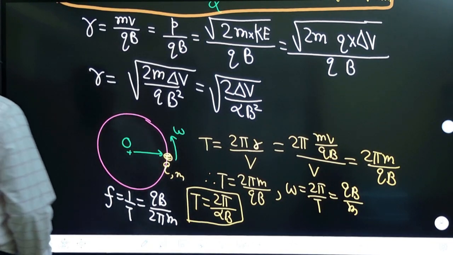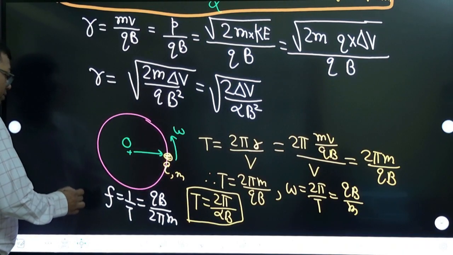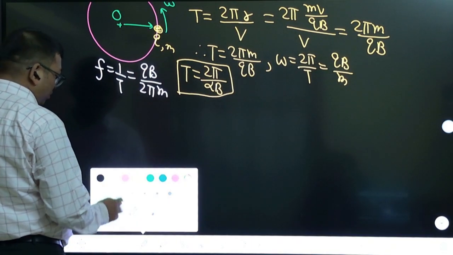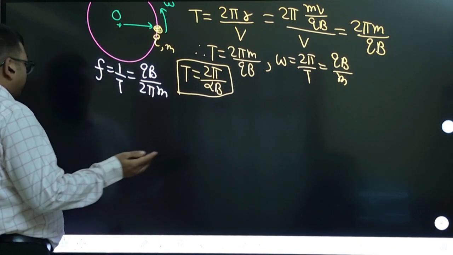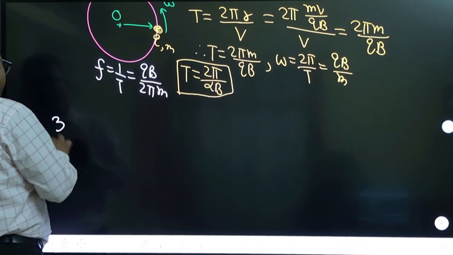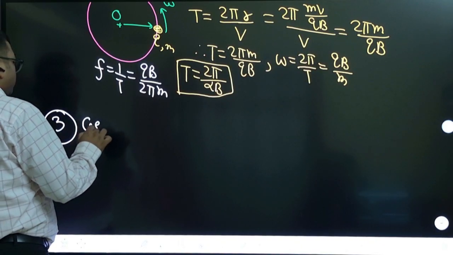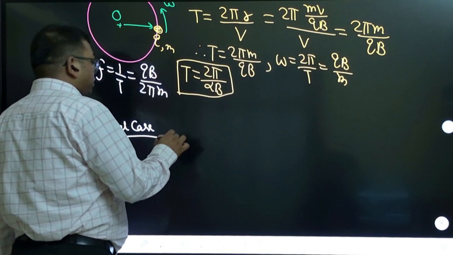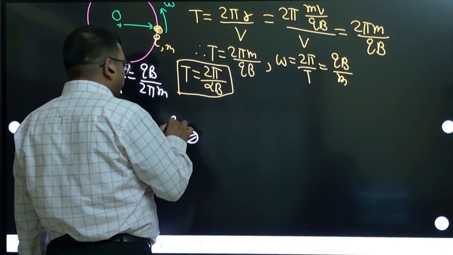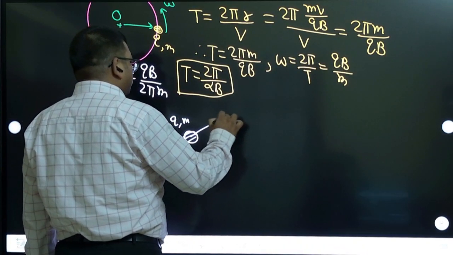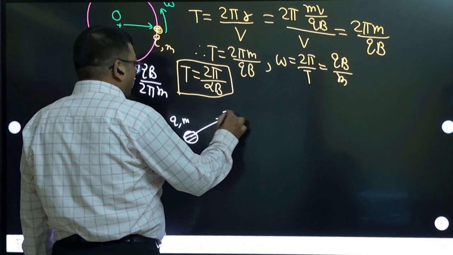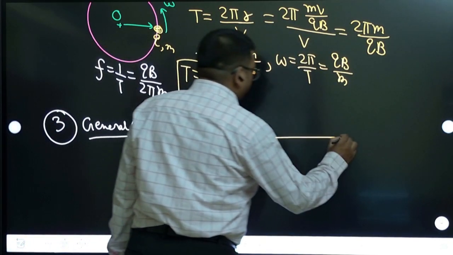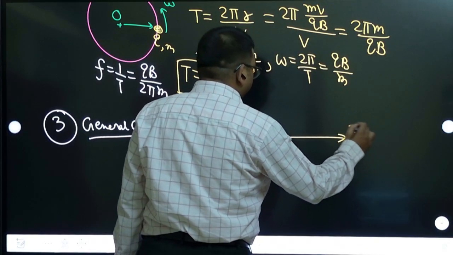Then the last case, which is the most important case, is if the charged particle is thrown at an angle other than 0 degree, 180 or 90 degrees. The third case is the most general case. If the charged particle of charge q and mass m is thrown with velocity v, and this velocity is making some angle theta with the magnetic field.